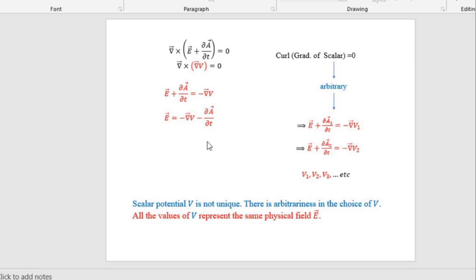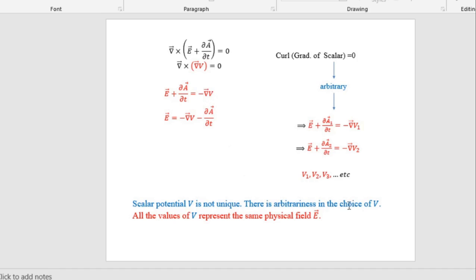So this is the same property as we have found in the case of the vector potential A, where the vector potential A was also not unique, corresponding to the magnetic field B in the defining relation B is equal to curl of A. Thus we have found that this scalar potential V in this defining relation is also not unique.